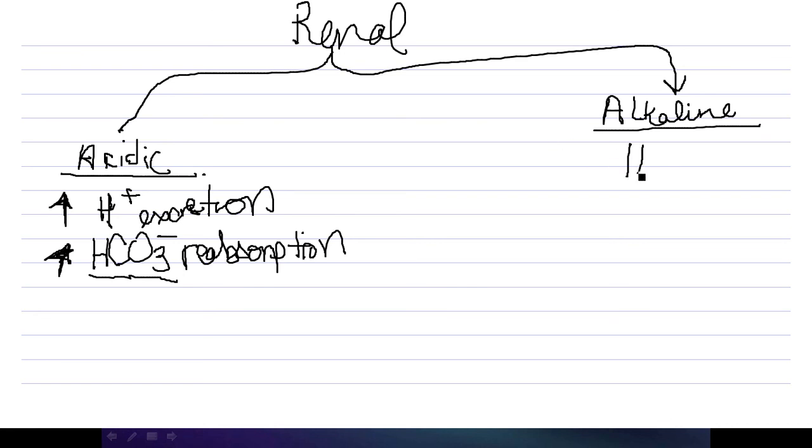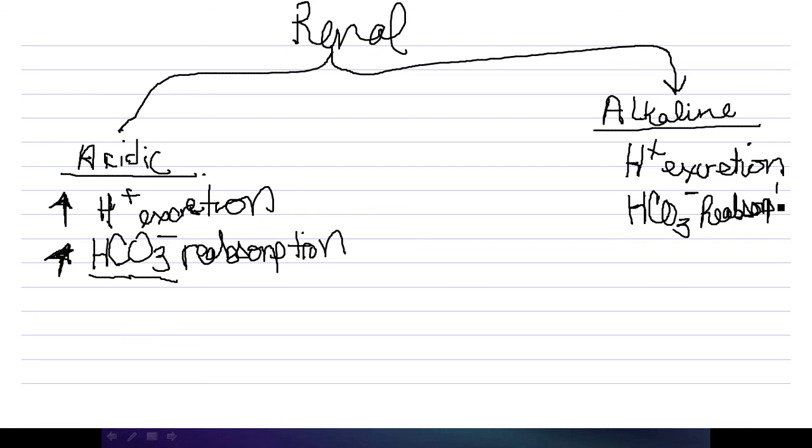They are going to excrete hydrogen ions and they are going to reabsorb bicarbonate. The question is, again, under alkaline circumstances, are we going to increase the amount of hydrogen ion excretion or decrease the amount of hydrogen ion excretion?